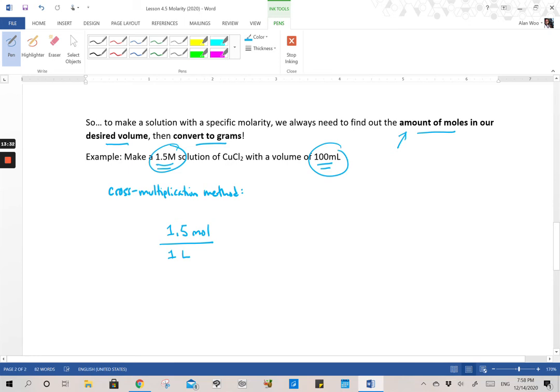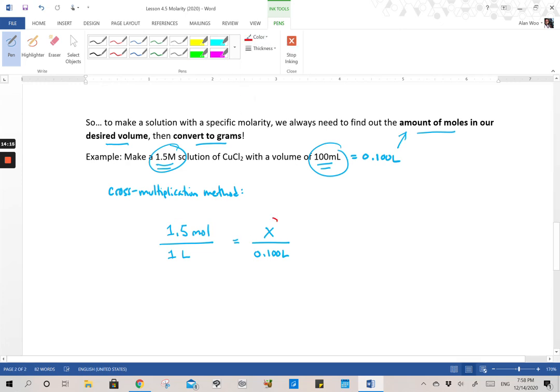Now, because we're using 100 milliliters, the units have to match up. So 100 milliliters is the same thing as 0.100 liters. So I'm going to put that on this side, like this. If I know that 1 liter contains 1.5 moles, how many moles are there in 0.100 liters? That is my x that I have to solve for.